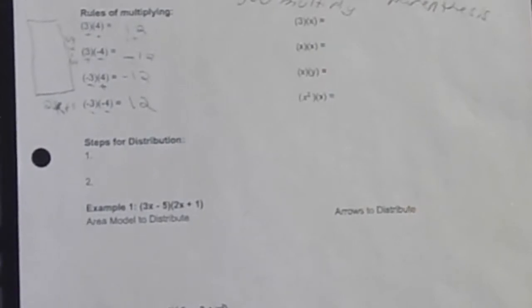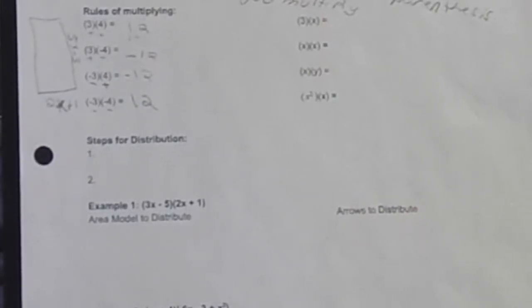But a negative and a negative becomes a positive 12 because they're the same. Remember, this is only when we multiply. The rule for multiplying is if they're both plus or both minus, it's positive, but if it's different, it's negative. That's true for multiplying and dividing, but not for adding and subtracting. It's different when you add and subtract.